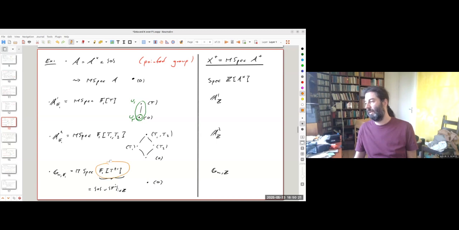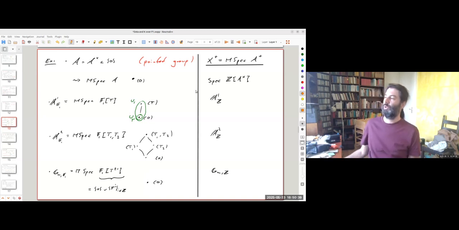F1 adjoined T plus minus 1 is of this form like above, and the spectrum is just a point. So this is a one-dimensional scheme, but it only has a point, which is a little weird. This doesn't happen in usual algebraic geometry. But yeah. Okay, so these were a few examples.